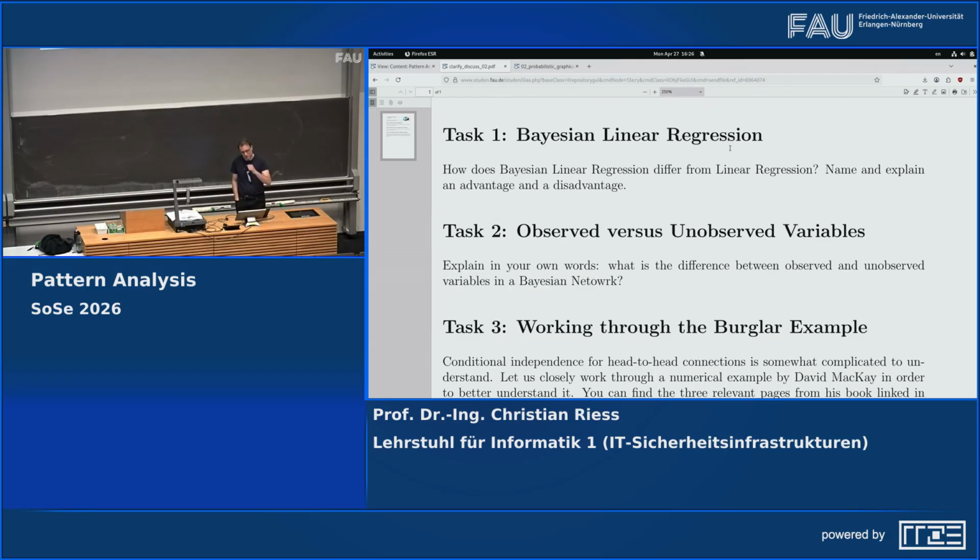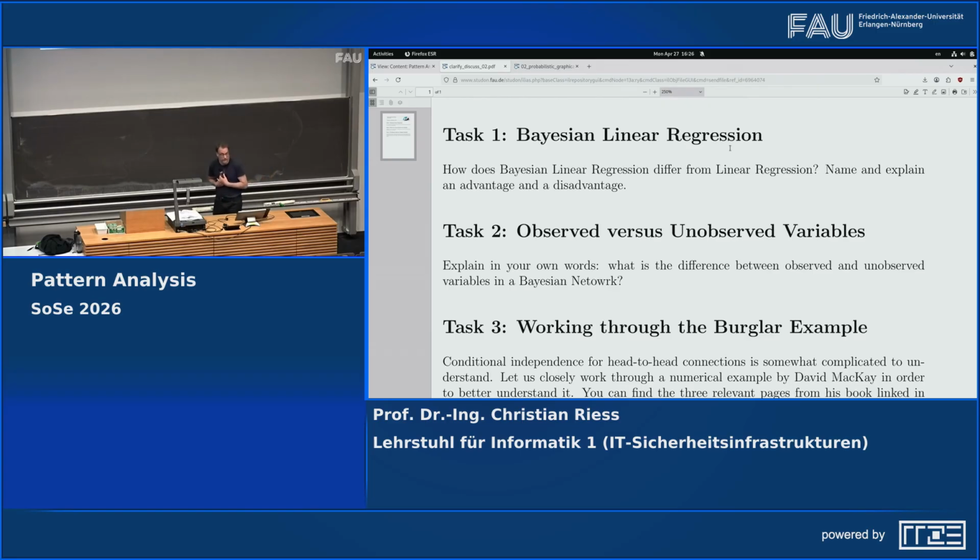I want to talk about Bayesian linear regression, because it's a somewhat fancy concept, particularly if you come from a frequentist world, as all of us do, I assume. So let's talk a bit more about this. What are the exact differences from linear regression?